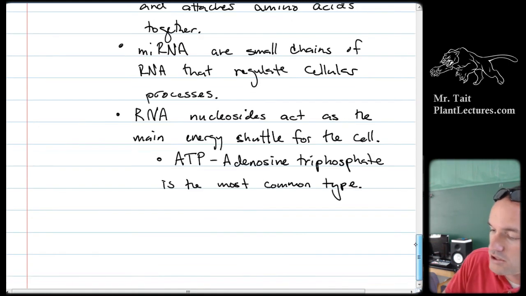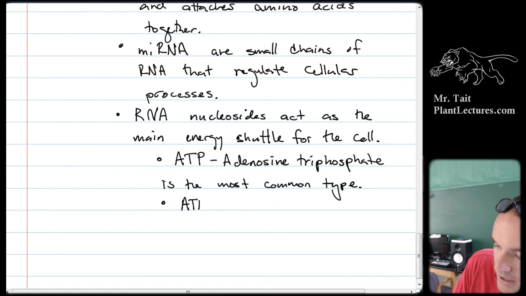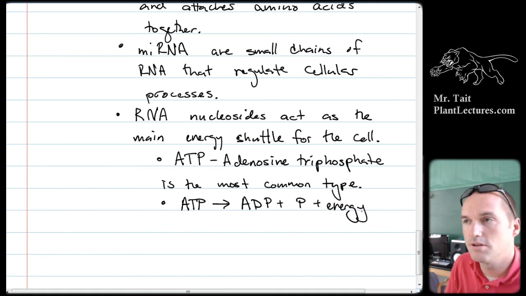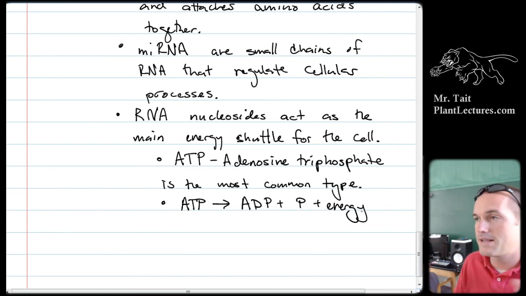And the reason why they're so useful is because they can go through this reaction where you have ATP, which is adenosine triphosphate, and it's going to break down through the process of hydrolysis, and it's going to become ADP plus phosphate plus energy. Right? It's going to yield some energy from this. It's an exergonic reaction.